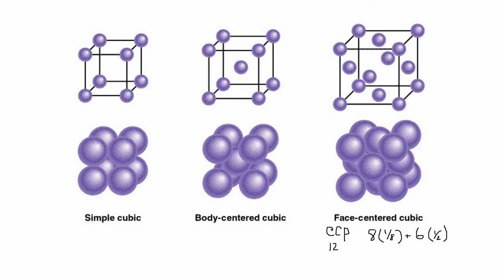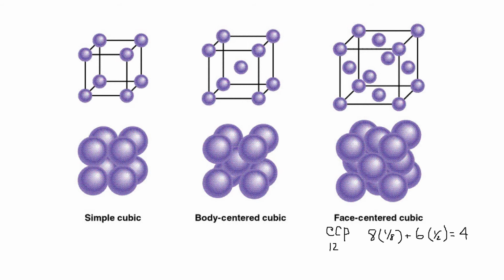So the number of atoms within a face-centered unit cell is 4. So simple cubic cell has 1, body-centered cubic cell has 2, and the face-centered cubic cell has increased to 4 spheres, or atoms, molecules, ions, within that unit cell.